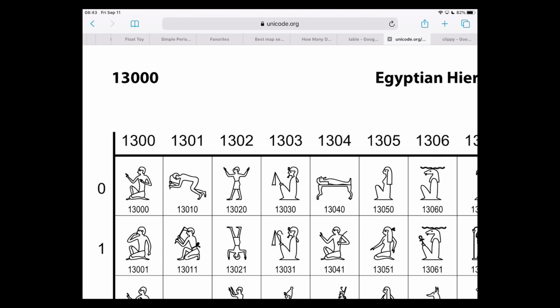Looks like a little squirt gun, right? What does it look like on Android? Yeah, just like a little pistol, like a real pistol, right? Well, it's the same Unicode character. It's just that it looks like a squirt gun on Apple or a real gun on an Android device.